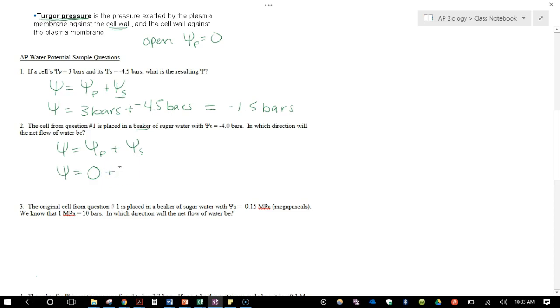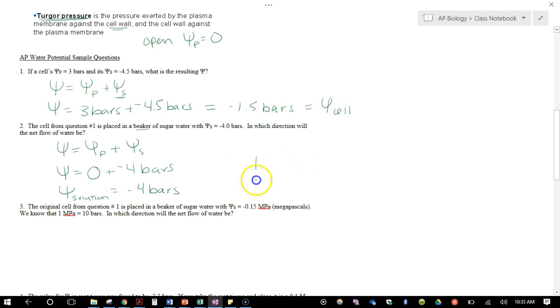And then our solute potential is negative 4 bars. So my water potential of the solution is going to equal negative 4 bars. Up here, I found out that the water potential of my cell is negative 1.5 bars.